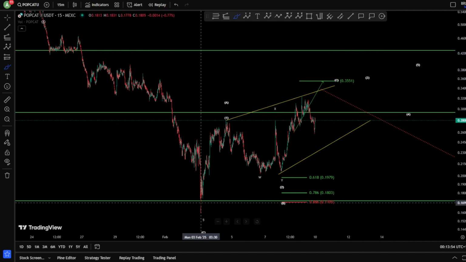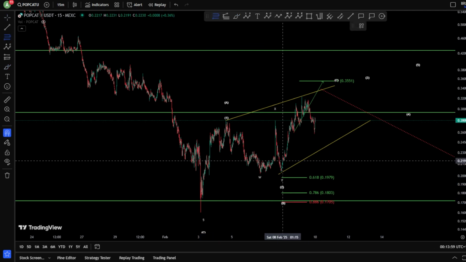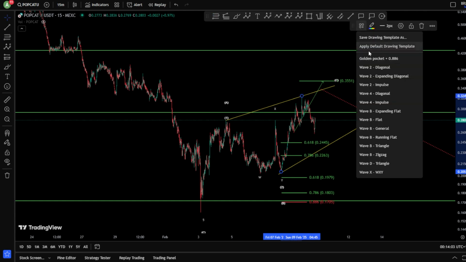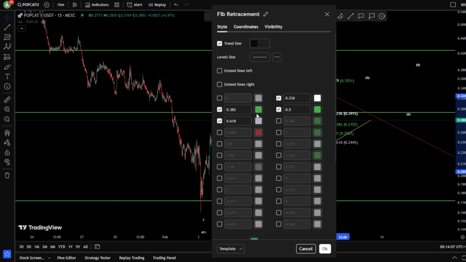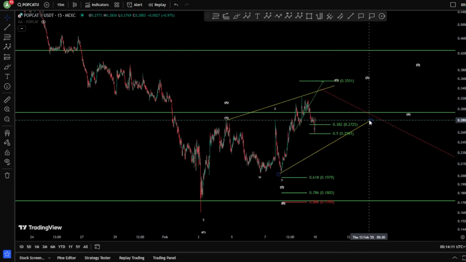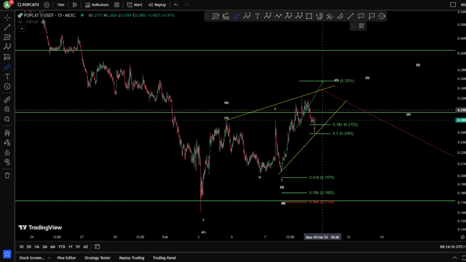So we're going to see what the scenarios are. Basically, if you are in a wave 4 for a contracting diagonal, you have touched even the perfect fib levels for a contracting diagonal, which have already been reached. So it is very possible to move directly to a wave 5.